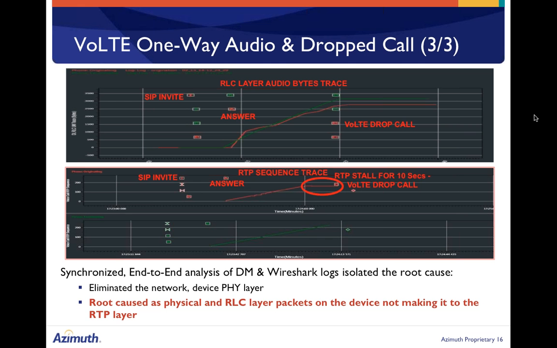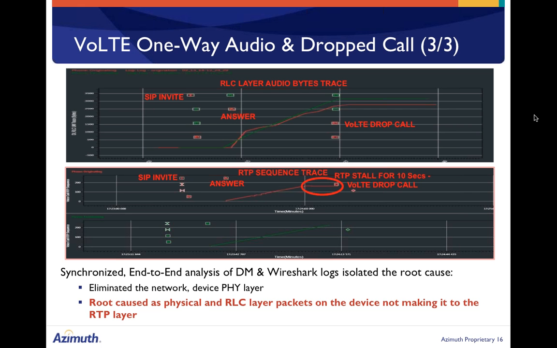But as far as the green phone is concerned, the green phone was constantly receiving RTP packets throughout the duration of the call, and there were no issues in receiving packets at the RTP layer for the green phone. But for this red phone, because there were no RTP packets being transferred from the RLC layer to the RTP layer, that's what led to the stall in the data transfer for the VoLTE call, and that led to the VoLTE call drop being declared. So clearly, these are things that identify that it's not always the network that's the problem.